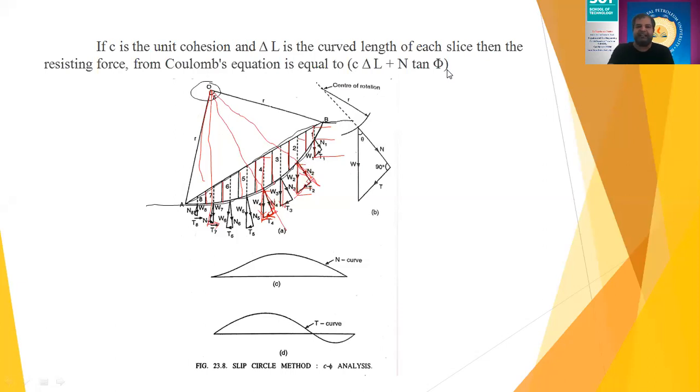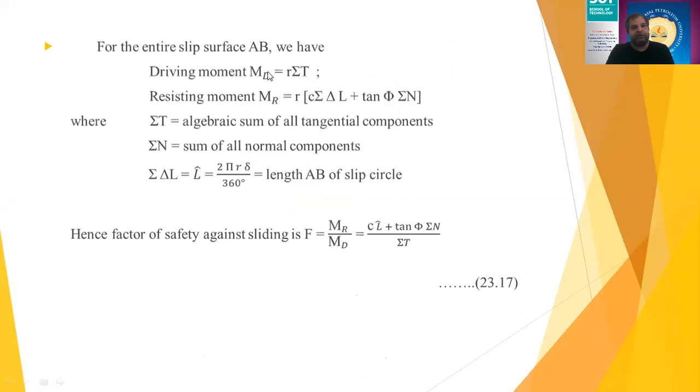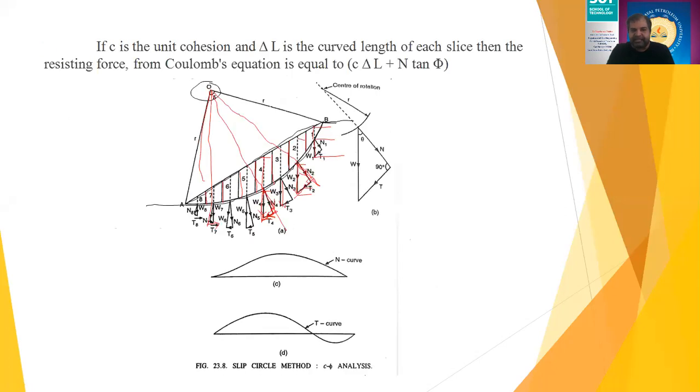C plus sigma tan phi. This is the normalized form of this particular thing. Okay. Now, if you plot this, then the driving moment, what we have calculated is sigma T. Sigma T is the algebraic sum of tangential components, which is T1, T2, T3, T4, T5.